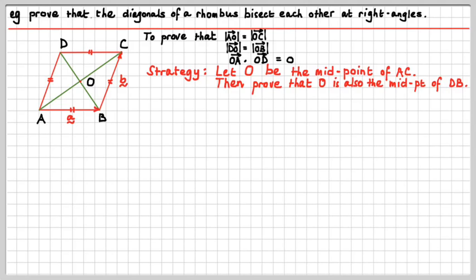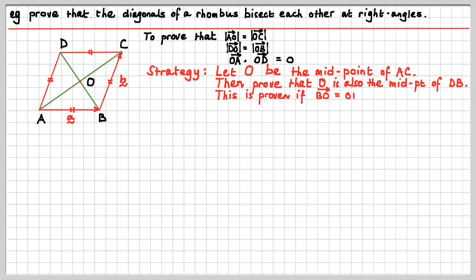Then if you can also prove that O is the midpoint of DB with a vector method, then you've proved that they do in fact bisect each other. So you assume the one, and then you prove that O is also the midpoint of the other one that you haven't originally assumed it's the midpoint of. It's really easy to do, and you'll really like it.